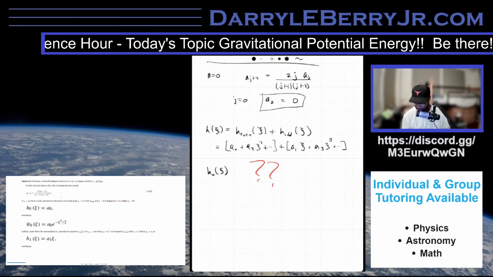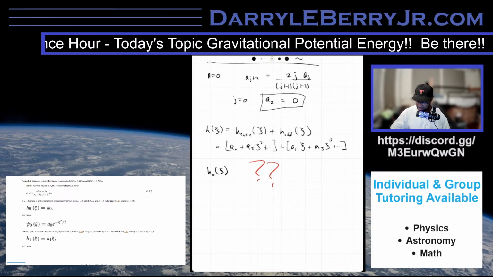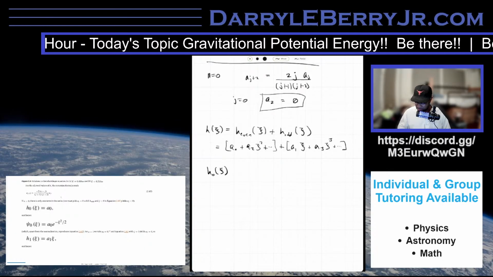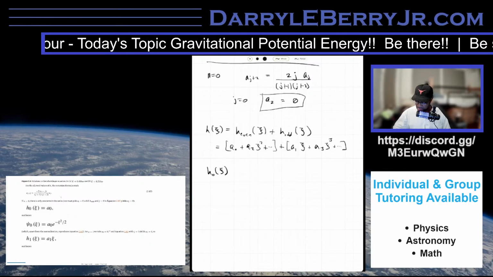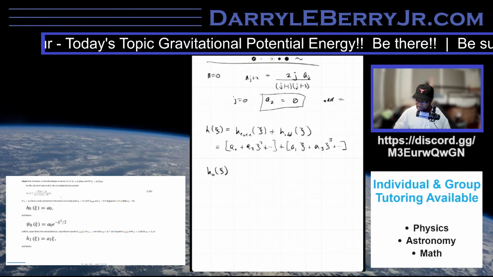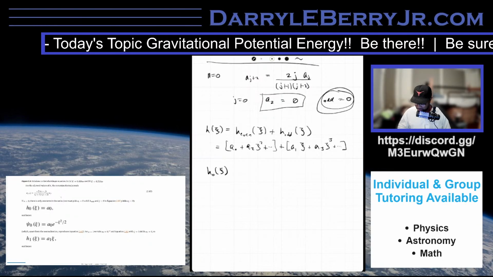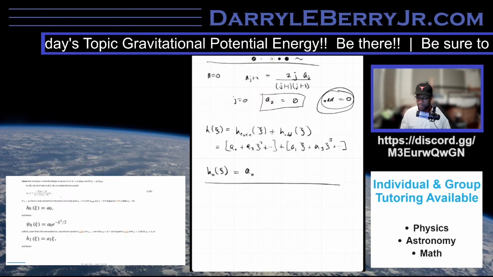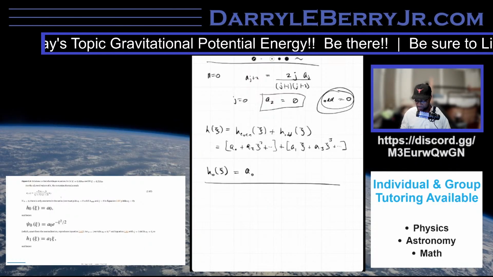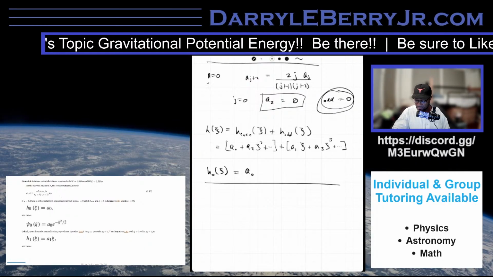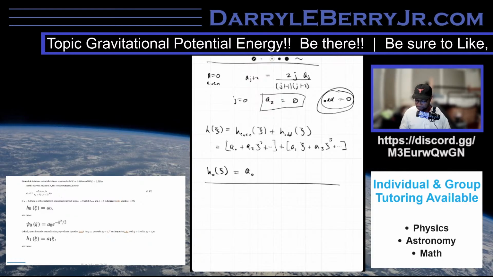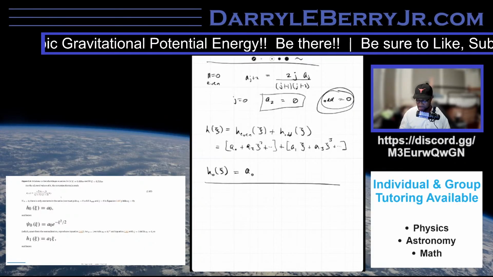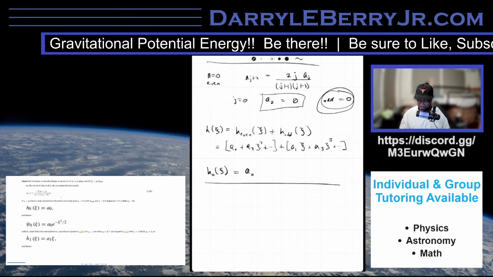It's because since A2 equals 0, the only term available is H0, because all the odd terms, if you pick an even, all the odds are 0. And since A2 is 0, the only term is A0.